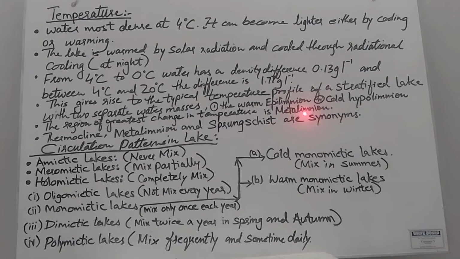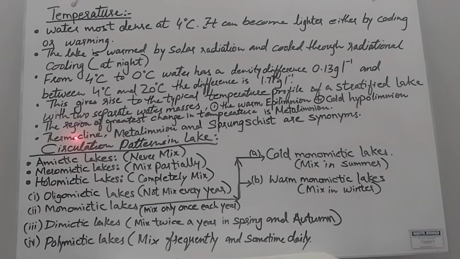But the metalimnion is always in between the epilimnion and the hypolimnion. That's why here is the greatest change in temperature: the temperature will always be less than the epilimnion but greater than the hypolimnion.